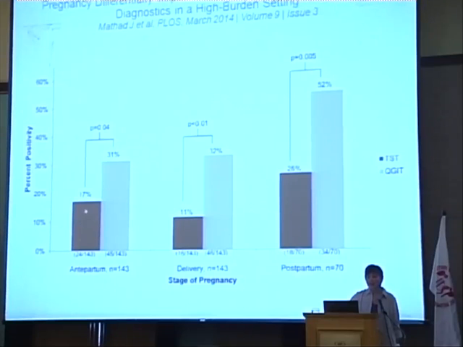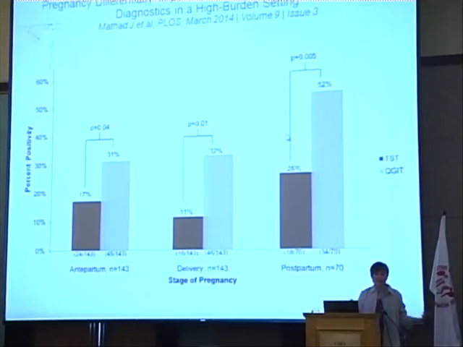You can see the skin test is only 17%. QuantiFERON is 31%. And at delivery, there's no change in the QuantiFERON, okay? But you see the skin test reactions drop to 11%. And then they come back after they deliver the baby to 25%, not all the way to the background rate, but much higher for QuantiFERON.